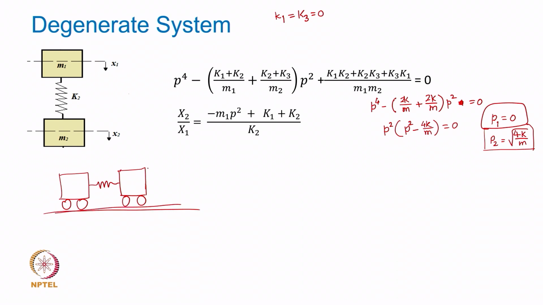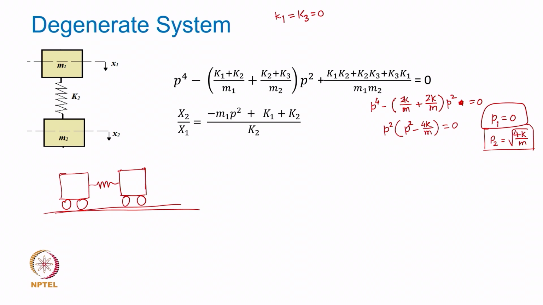This is maybe the drive coach and the other is just a trailing coach. You can also connect more coaches, but just for the sake of discussion here, you can imagine that these are the two masses connected by a coupler which is a spring.